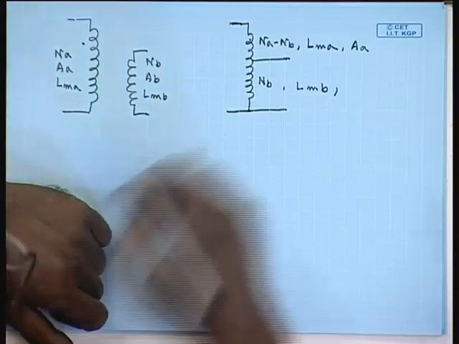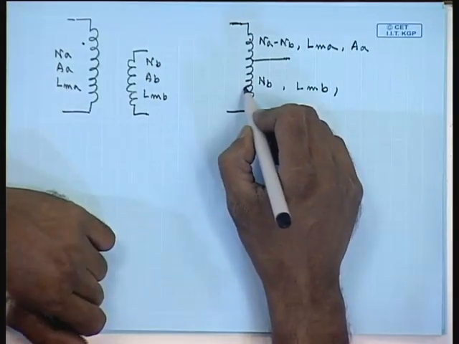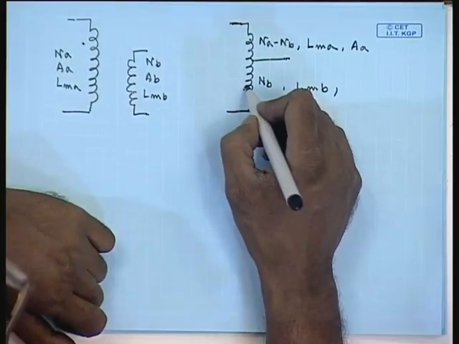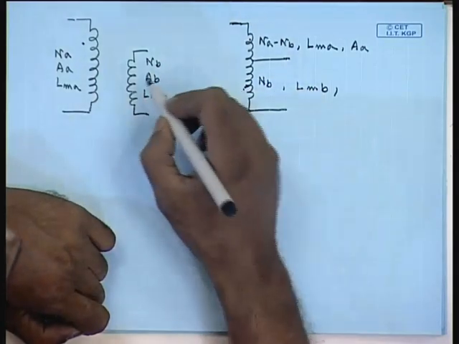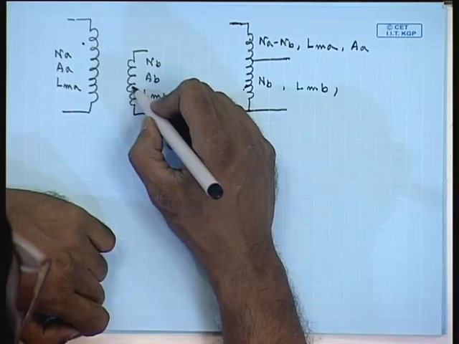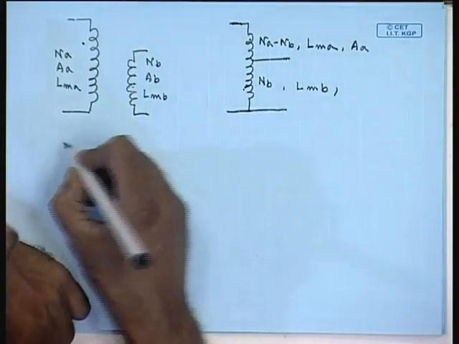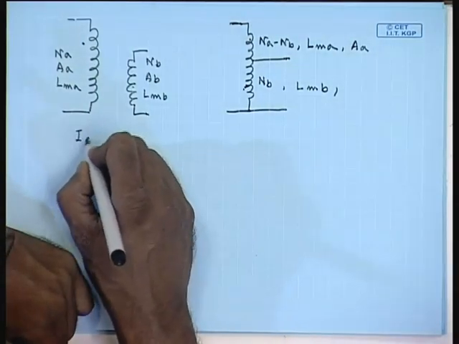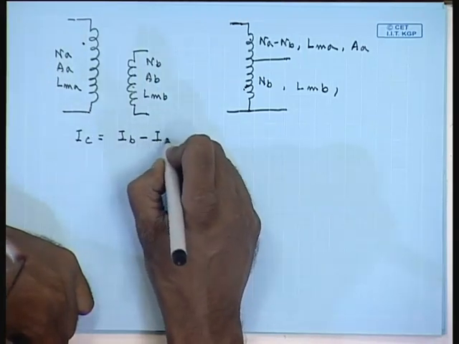However, the current carrying capacity of the lower part of the auto transformer is IC equal to IB minus IA, whereas for this it is IB.